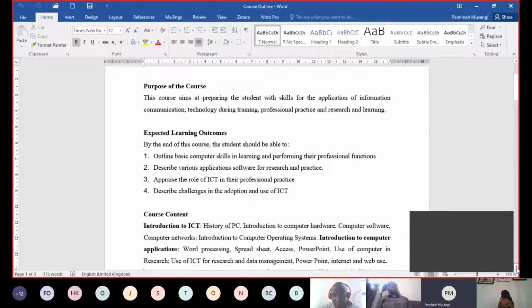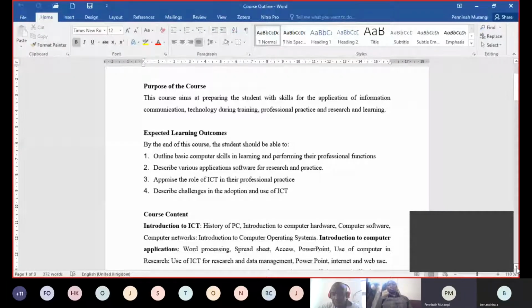Then you are also supposed to appraise the role of ICT in your professional practice. What role does ICT play in your professional practice? Then you are also supposed to describe the challenges in the adoption and use of ICT. So what challenges are there in the adoption and use of ICT?